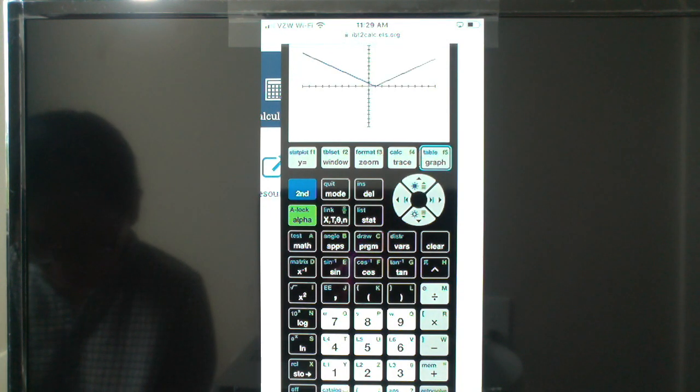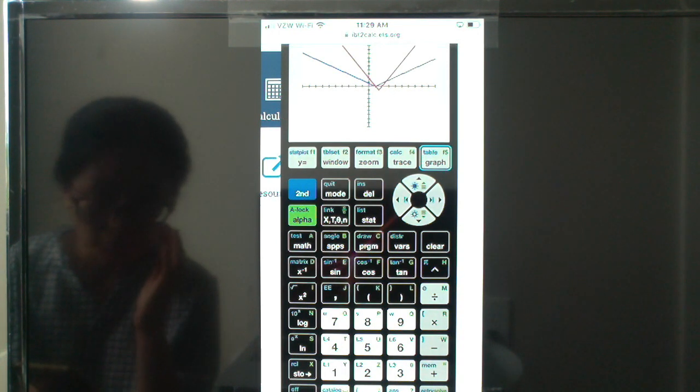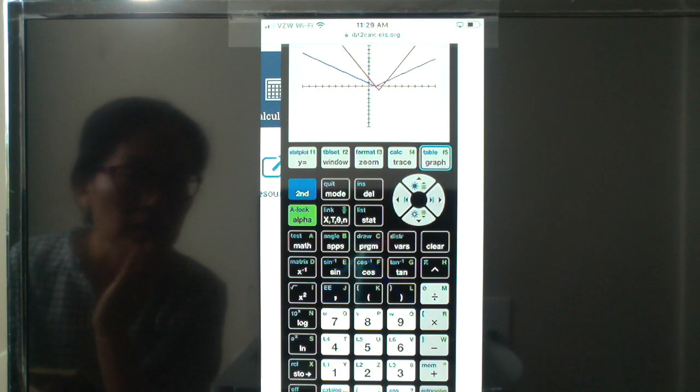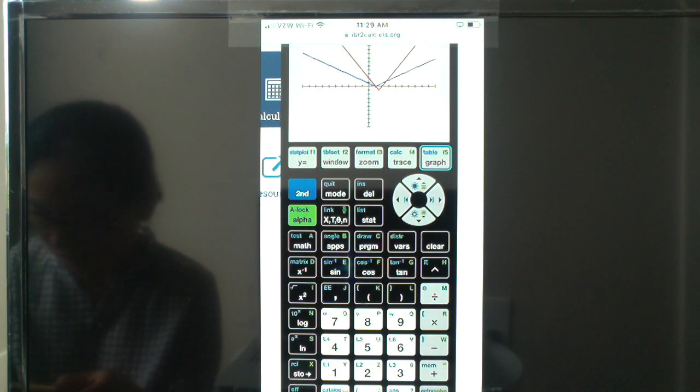And again, absolute value, math, number, absolute value, 2x, negative 3, minus 1. So graph, okay, they are meeting for sure. How many intersects they have? 2. So let's find out.